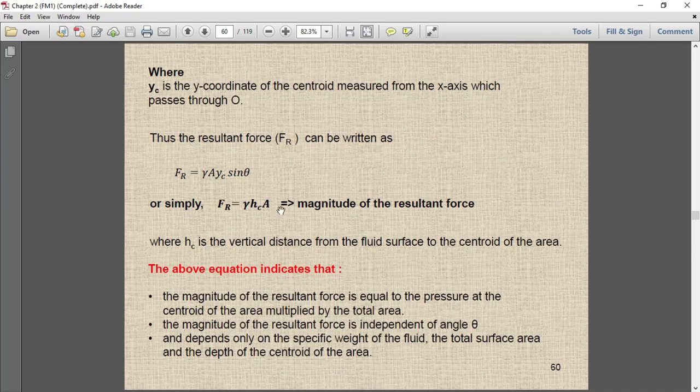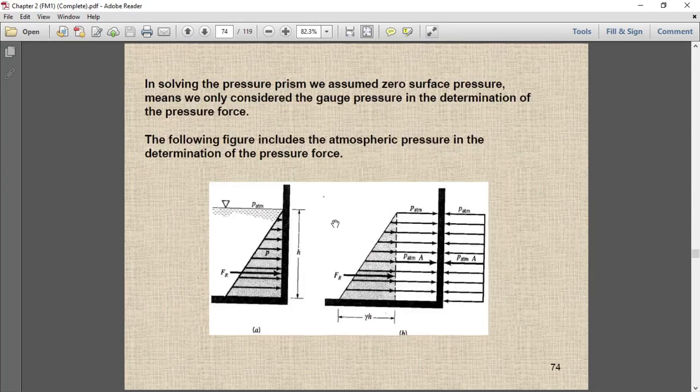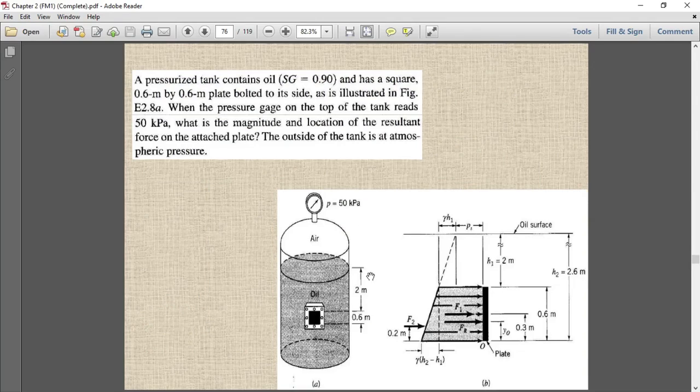This is the formula we derived to find the net resultant force acting on a flat surface underwater, but for the case when the pressure on the free surface is atmospheric pressure. So now, when the pressure is not atmospheric, how can we solve it?